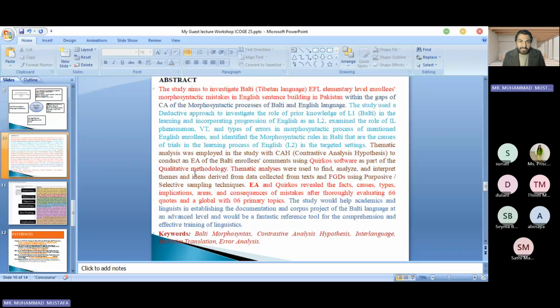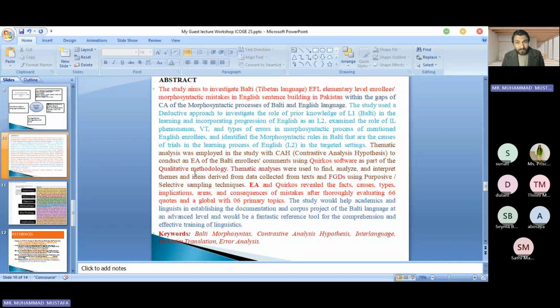Here I have given an example of an abstract. I have highlighted the steps and the important components. Let me go through it. The study aims to investigate Balochi-speaking EFL elementary level enrollees' morphosyntactic mistakes in English sentence construction in Pakistan.